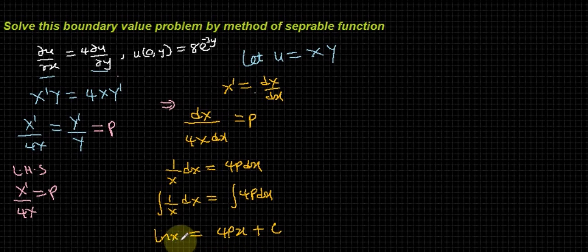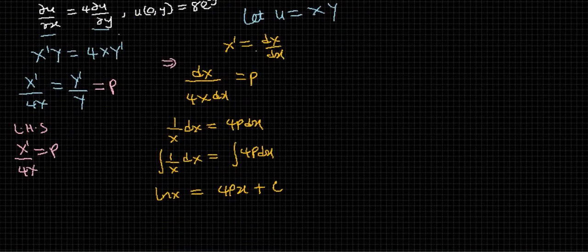Now we take the exponent of both sides. We have exponent of ln X equal to exponent of 4px times exponent of c. Remember, putting this together gives 4px plus c.